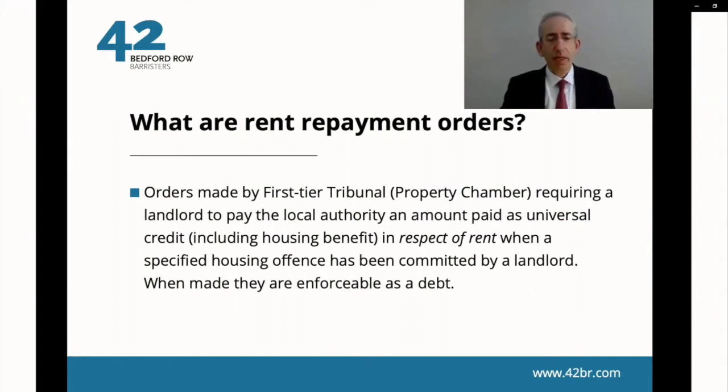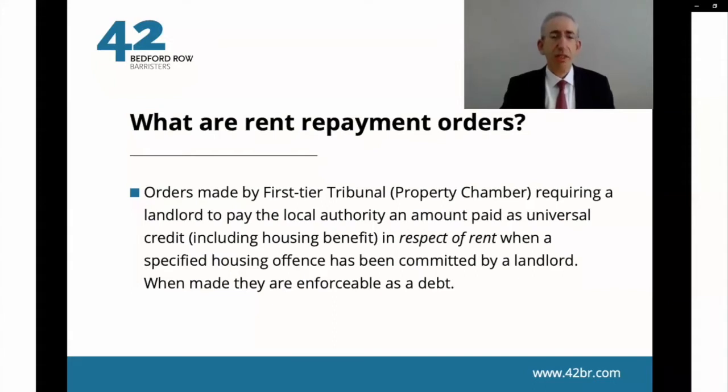This can only be made where the landlord in question has been found guilty of a specified housing offence in relation to that particular property. We will discuss which offences are relevant later on in this presentation.